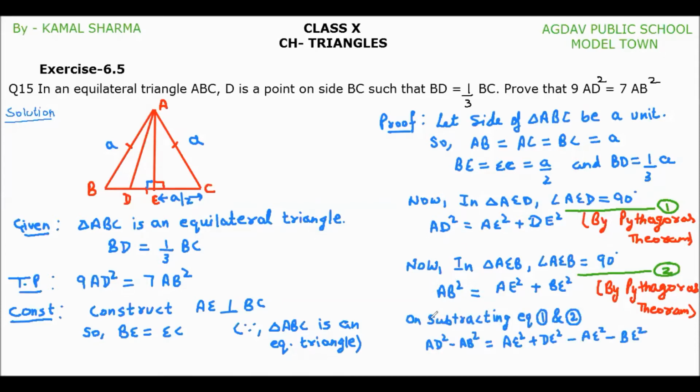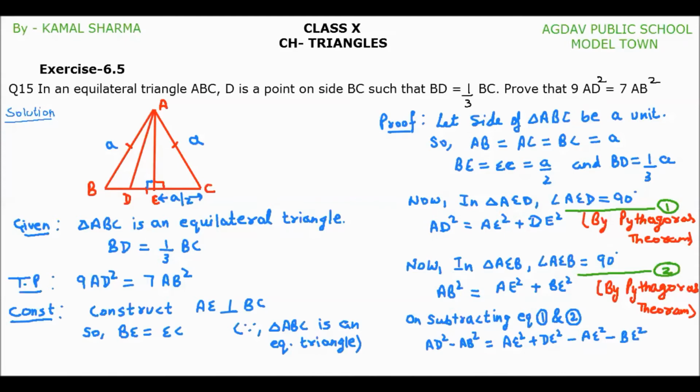As you can see, on subtracting equation 1 and 2, we get AD square from the first equation and AB square from the second equation, with a minus in between. AD square minus AB square equals AE square plus DE square from the first equation, then minus AE square, and because of the minus sign, this plus will change into minus BE square.